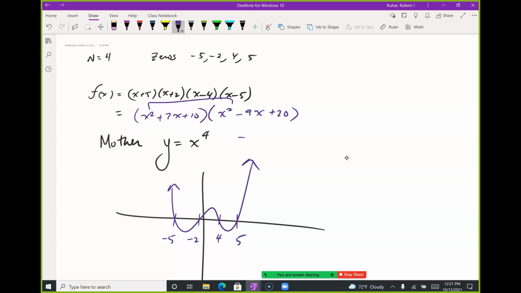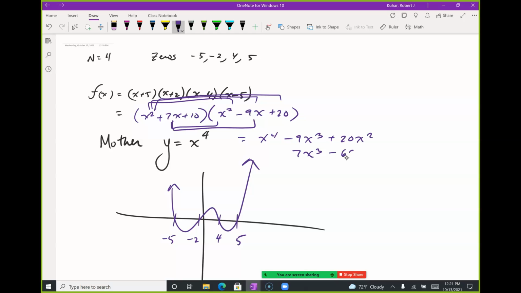And then I get x to the 4th minus 9x cubed. Sorry, you have to watch me do this, but 20x squared, 7x cubed, 9 times 7, 63?